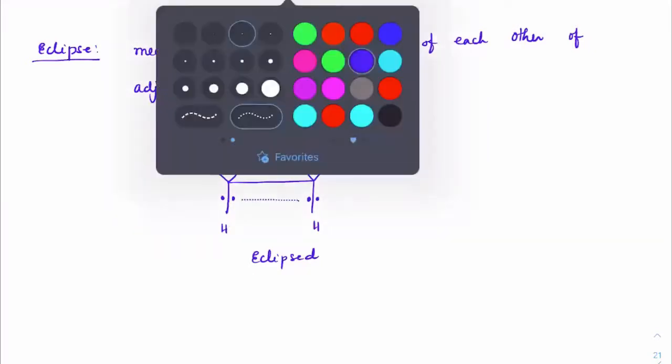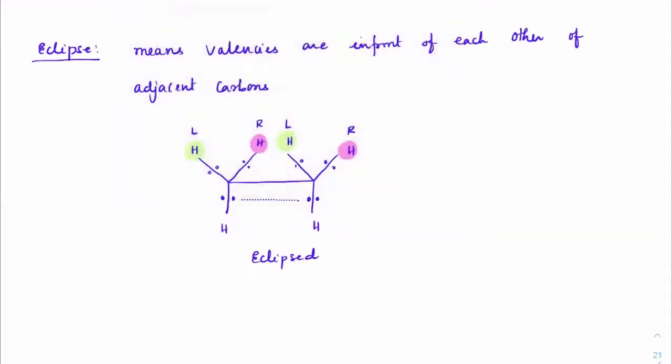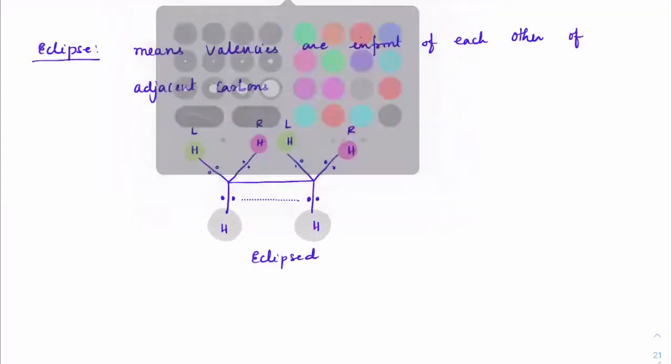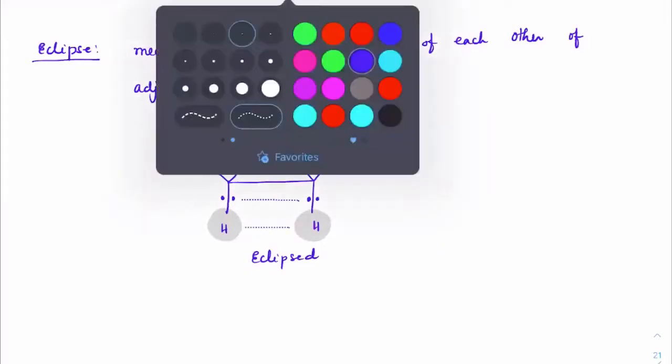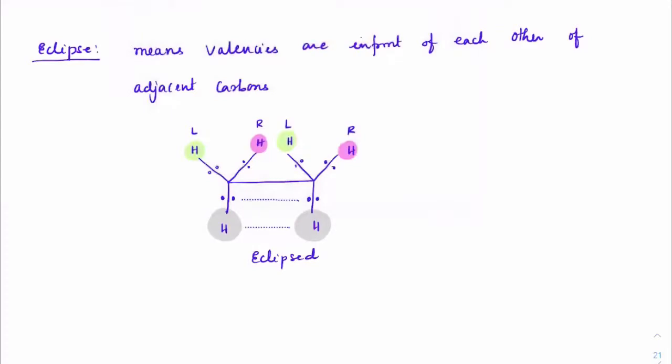At the same time, because of the crowding of the valency groups here, I'm showing hydrogens, but what if there are other groups? Then also we can see there are some repulsions here. So we will definitely see two types of repulsions here.